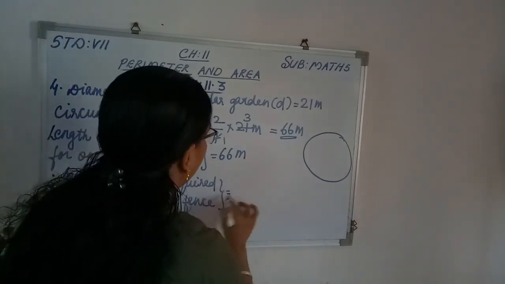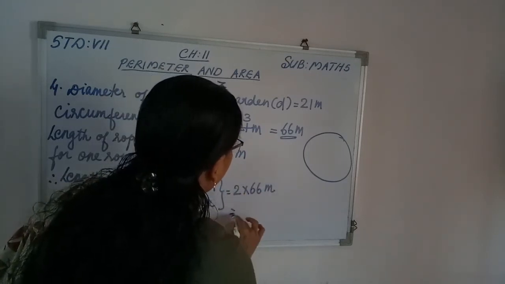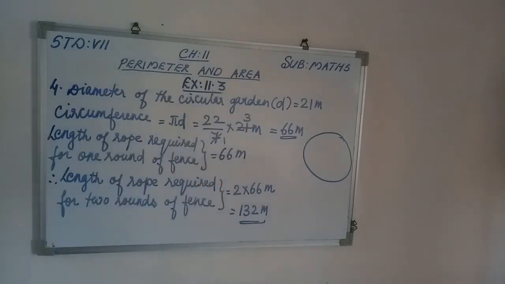Length of the rope required will be 2 multiplied by 66 meter, that's equal to 132 meter. So the first question is that only, isn't it? What's the first question? Find the length of the rope he needs to purchase if he makes 2 rounds of fence. Now, second part of the question, find the cost of the rope if it costs rupees 4 per meter.